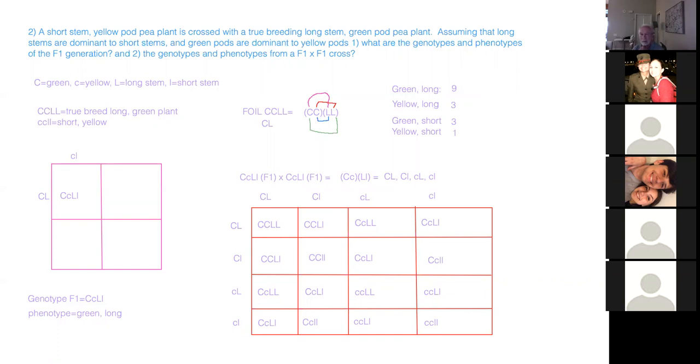He's not asking you for calculating all the genotypes or counting up all the genotypes. That gets confusing, but it can be done. But this is good to know. 9 to 3 to 3 to 1, that is your typical Mendelian dihybrid breakdown of phenotypes. You'll continually see those numbers when you're doing these crosses of heterozygotes in both traits.